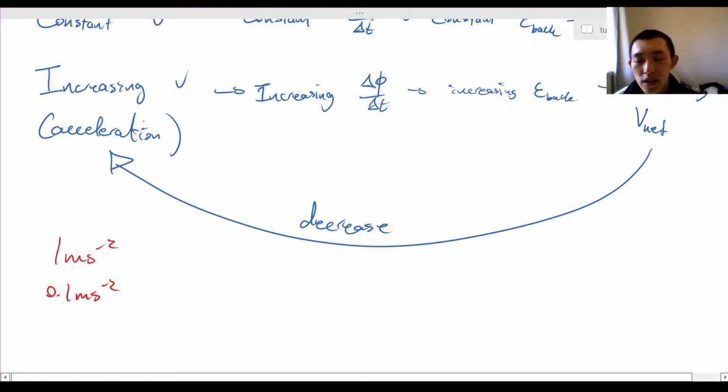Our velocity is increasing more slowly. Our change in flux over time is increasing more slowly. Our back EMF is increasing more slowly. And again, because our back EMF is still increasing a little bit, it'll still decrease our V net.